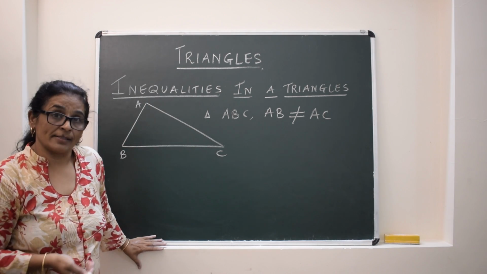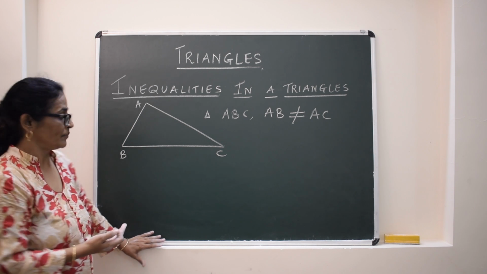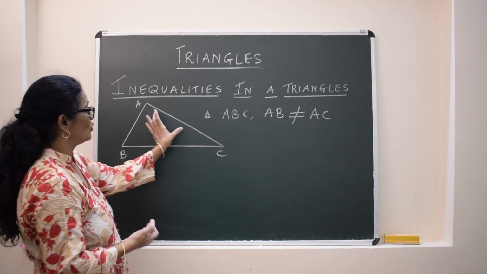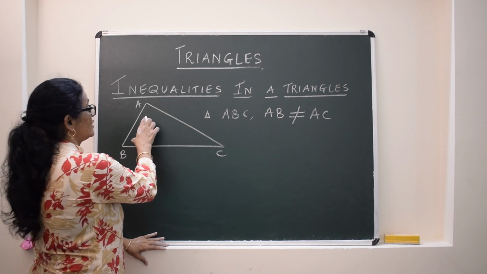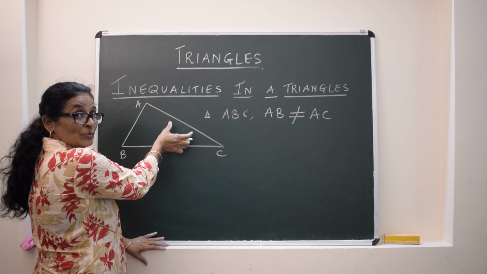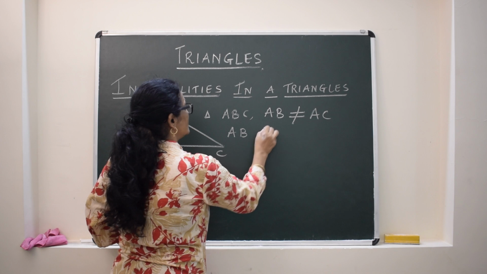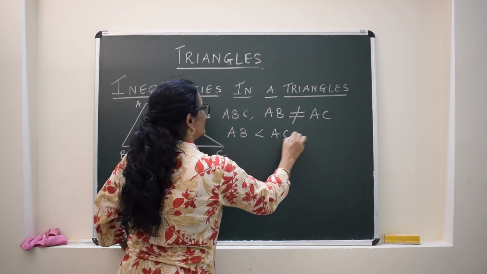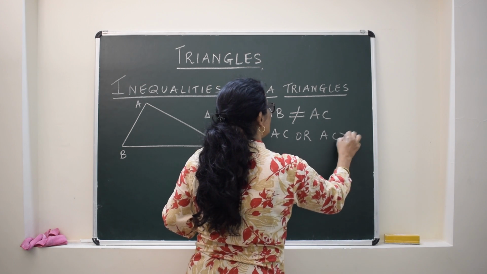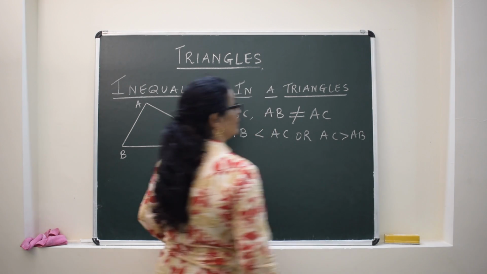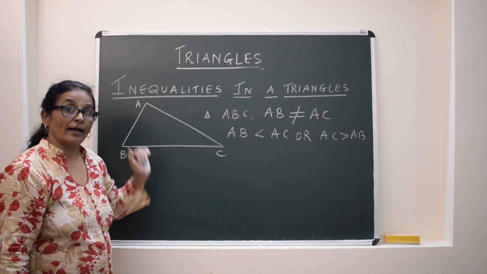Then the theorem says that the angle opposite to the smaller side. When I said this AB is not equal to AC, then I must say which is greater. So I have taken this AB is lesser than AC, it means AC is greater than this AB. So we can say here what we have considered, AB is less than AC, or in other words we can say AC is greater than AB. When the situation is like this, we have to concentrate on the angle.